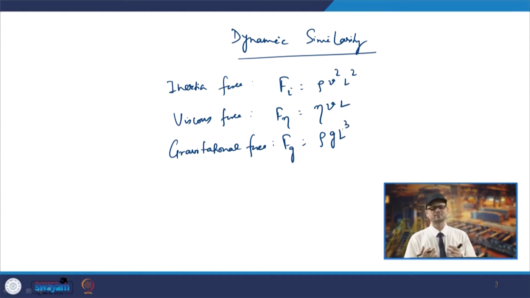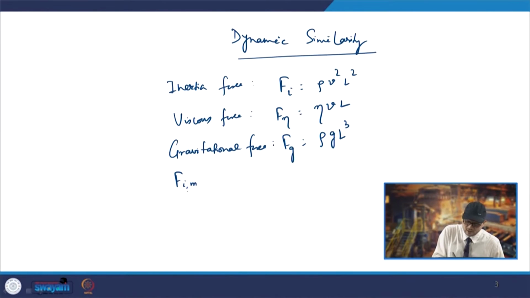So, these are the different forces which commonly come into the analysis in the case of flow in steel making applications like in tundish or so.